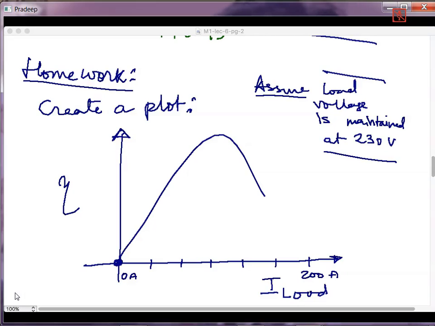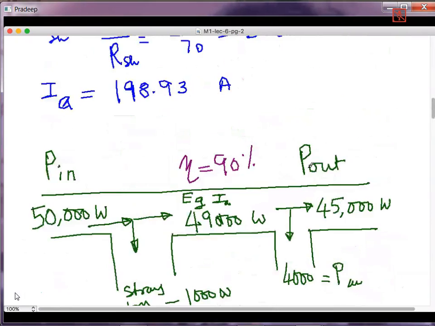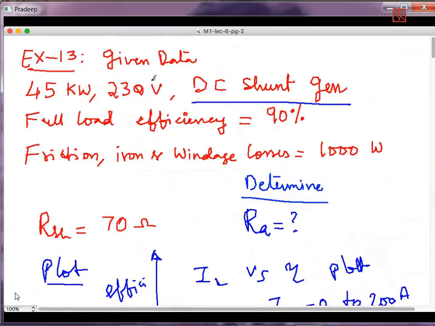What was it? So if I just review, this was the question that was given, example number 13, and the given data. You can see on your screen, 45 kilowatt is the capacity of the machine, that is the output of the machine will be 45 kilowatt.